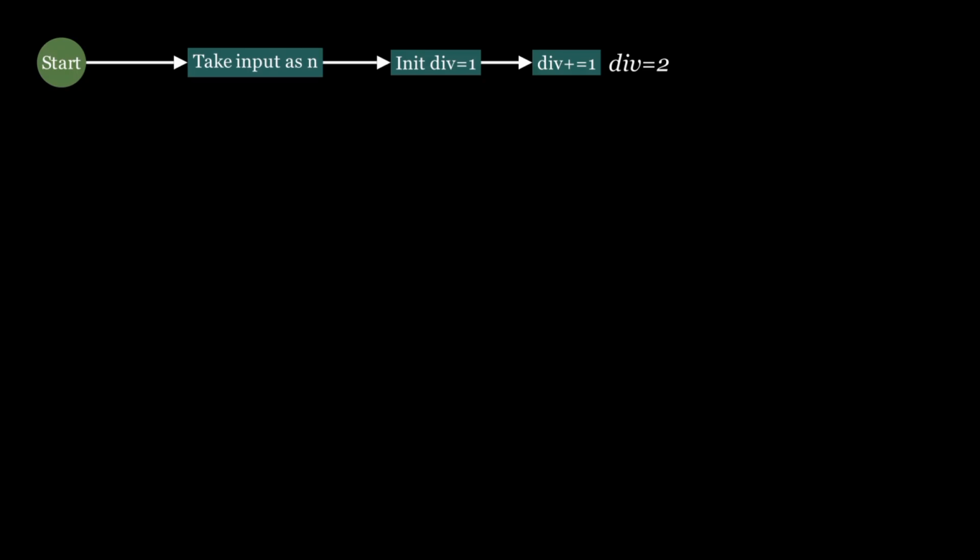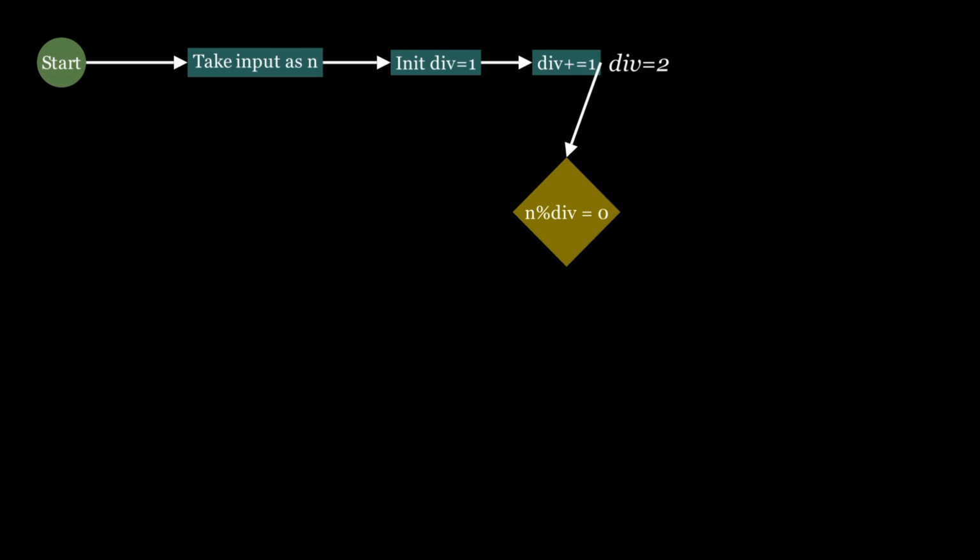Let's start dividing. But we are concerned with remainder, not division. So we will just calculate remainder, and in many programming languages, percentage sign is used to get the remainder. Now let's apply condition n percentage div equals 0 or not.